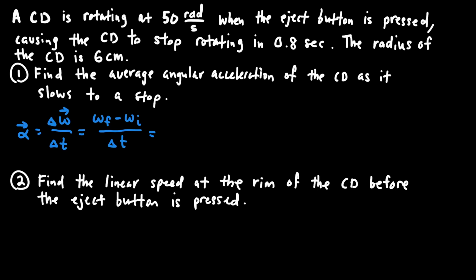If the eject button is pressed and it causes the CD to stop, then the final angular velocity will be 0, and the initial angular velocity will be 50. The change in time, delta t, is given by the 0.8 seconds.